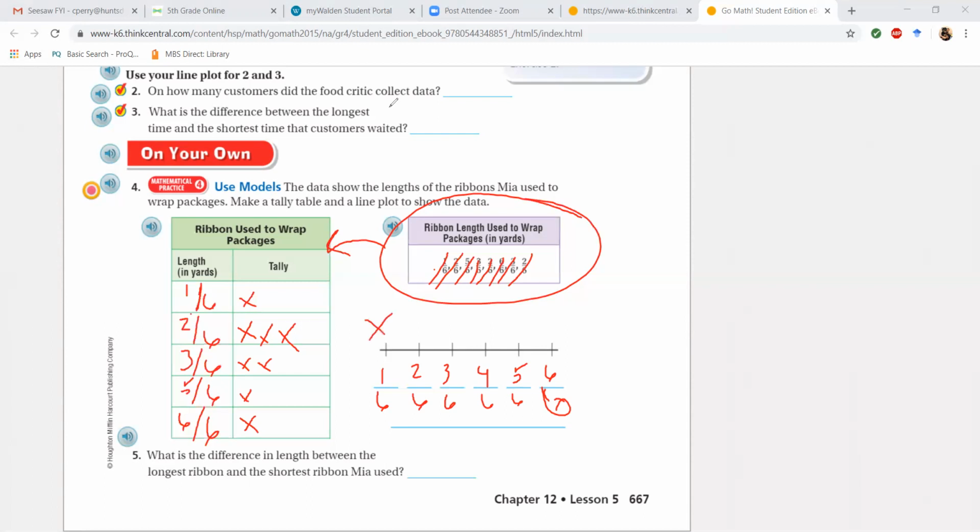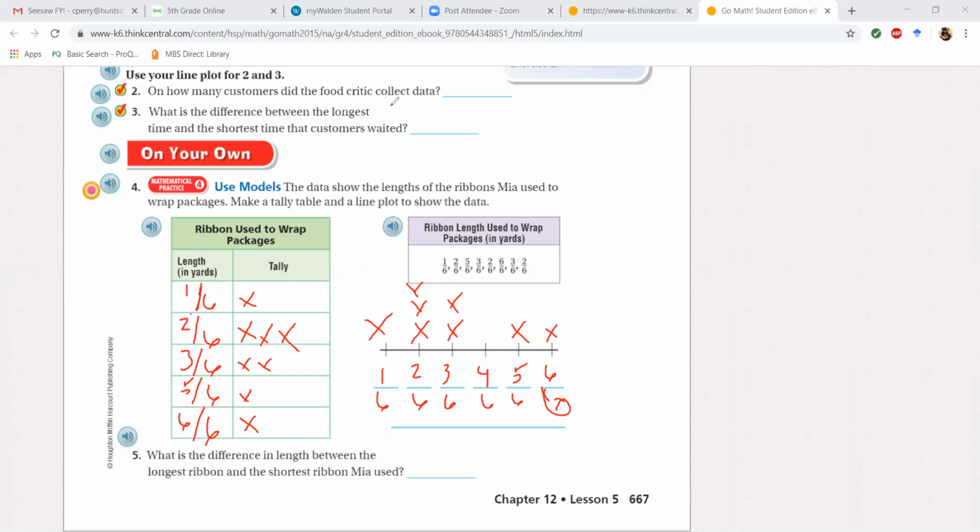There's 1 X above the 1/6, 3 X's above the 2/6, 2 X's above the 3/6, 1 X. Oh, there is no 4/6. They just throw that in there to make sure everything's in order. Got an X above the 5/6 and an X above the 6/6.